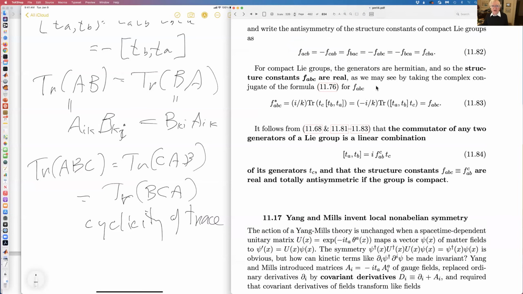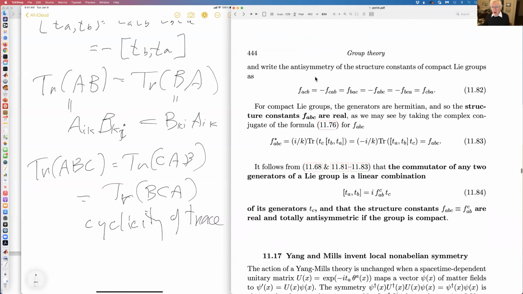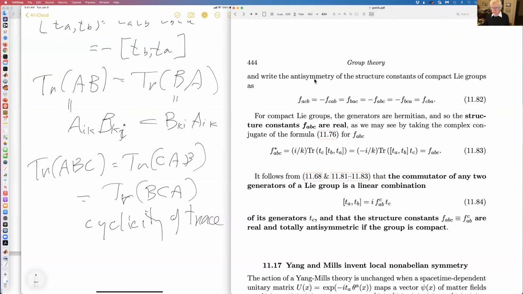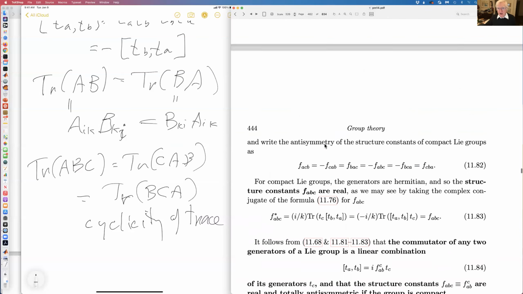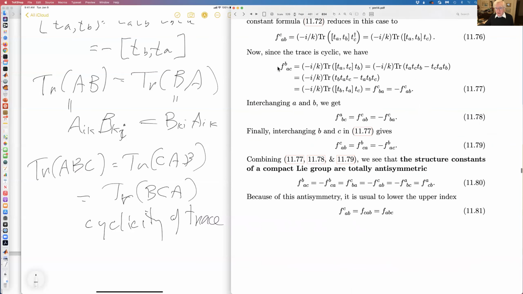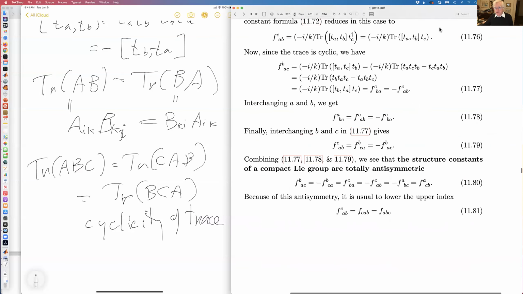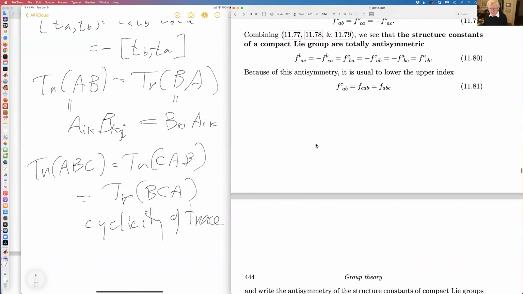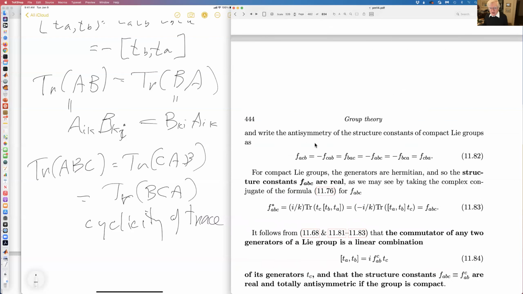So what we've learned here is that for compact Lie groups, the generators are Hermitian. Structure constants are real. Why are they real? Well, if you take the complex conjugate of this trace formula, you get a plus i here, and then you get the order switched around.